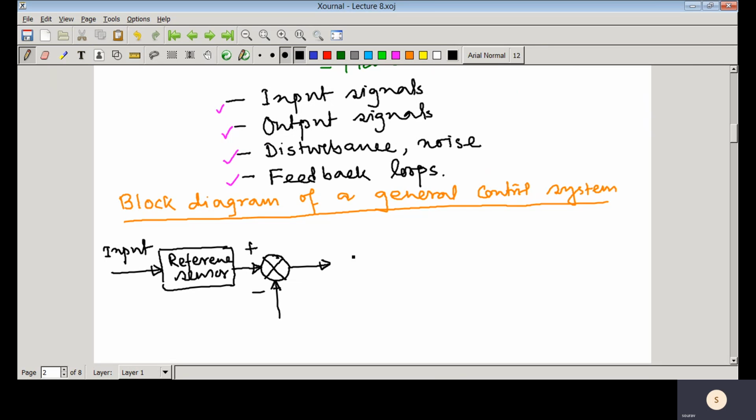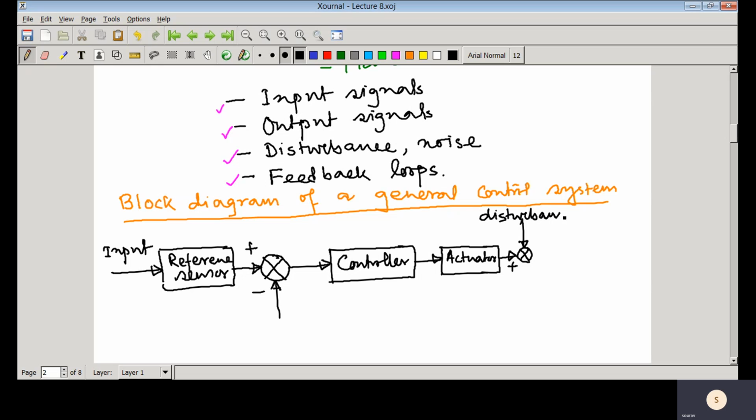Now here you have the error signal, and after that you have the controller. So now the controller output is fed to the actuator.